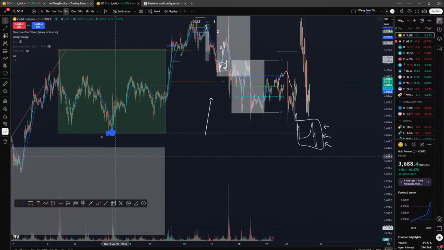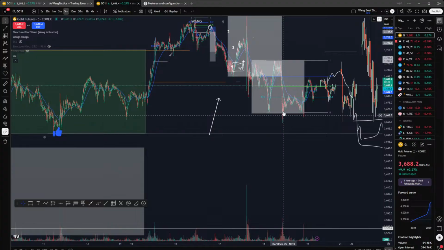I missed it. I wasn't paying attention. But there's something in there. Yes, yes. Of course. Top here. Double bottom. Holding those lows. Yeah, we may see that high.